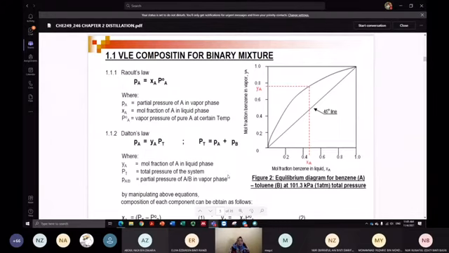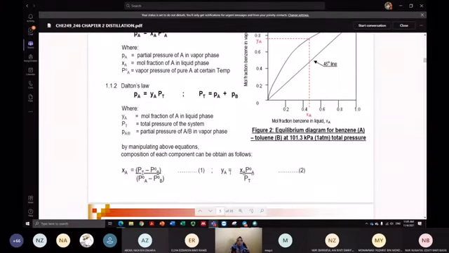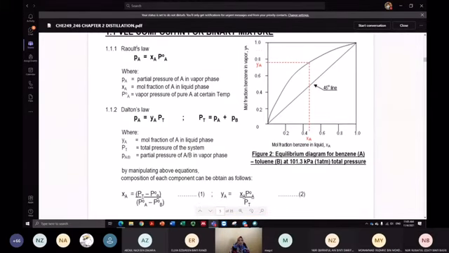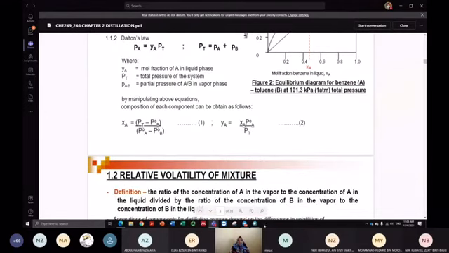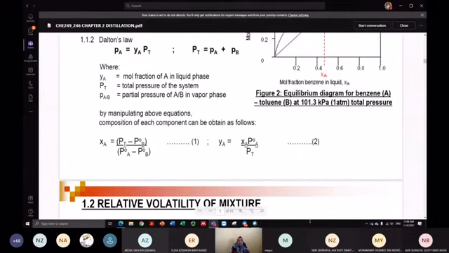You can also use a few other related equations that come from Raoult's law and Dalton's law. If you use the combination of Raoult's law and Dalton's law, you can come up with equation number 1 and equation number 2.